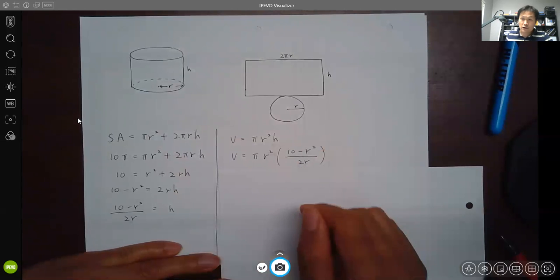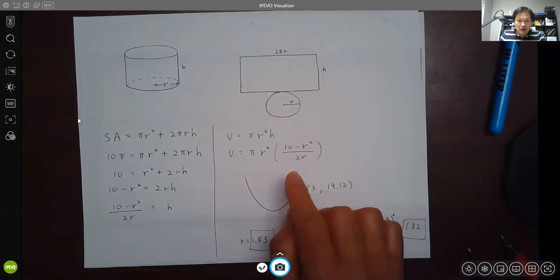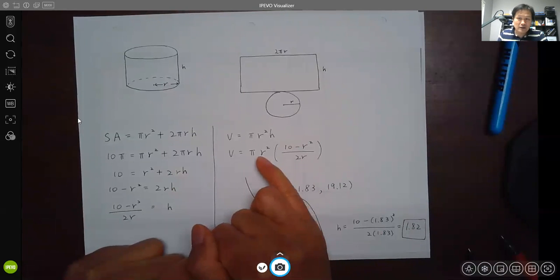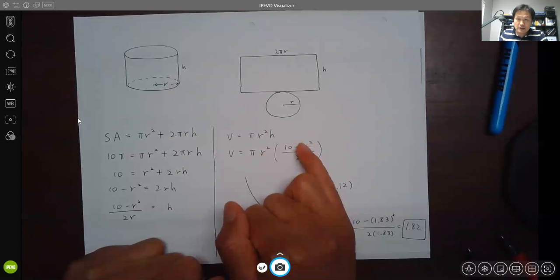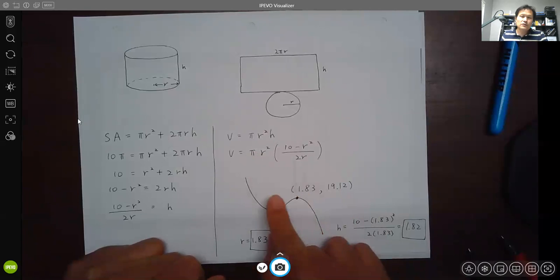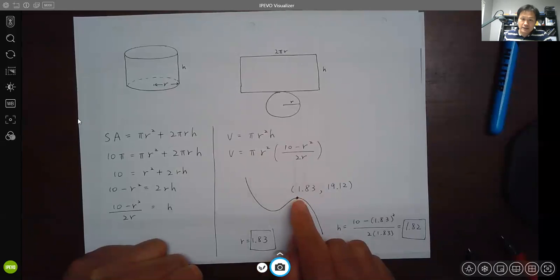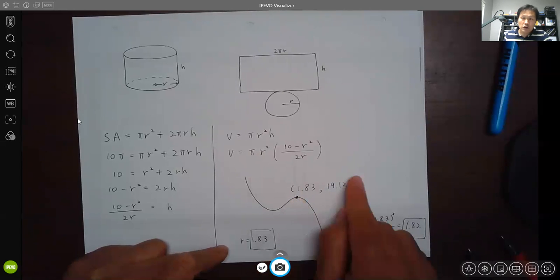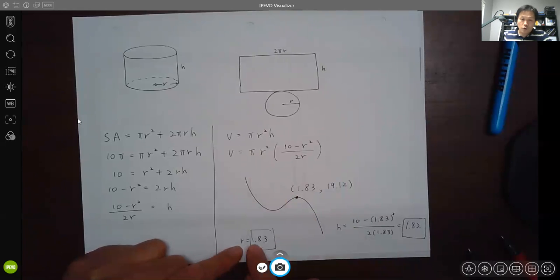From there, it's all calculator. You graph this. When you graph it, I'm going to use x instead of r. So I'm going to graph this using x instead of r. Once you graph it, you do a similar function of finding the maximum, then your calculator will give you a maximum value, which is r equal to 1.83.